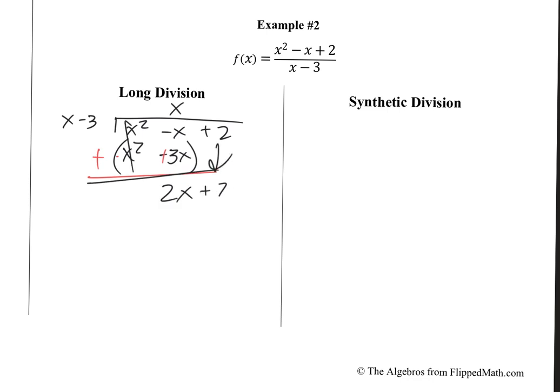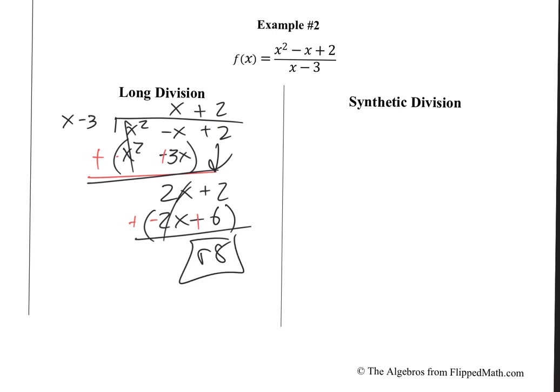Bring down the 2. But again, it doesn't even really matter from here because I really just need to know what times x makes 2x, and the answer is positive 2. And I could keep going if I want. Let's go ahead and do that here. I would get 2x minus 6. Again, I'm going to subtract, so that becomes a negative, that becomes a positive. And these would cancel, and my remainder would be 8, right?